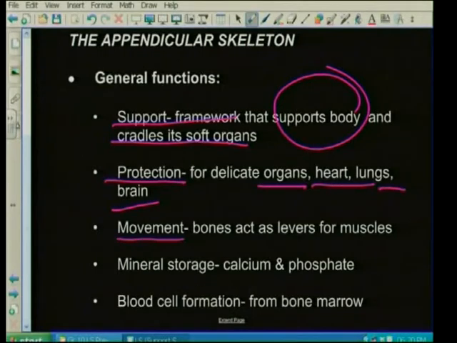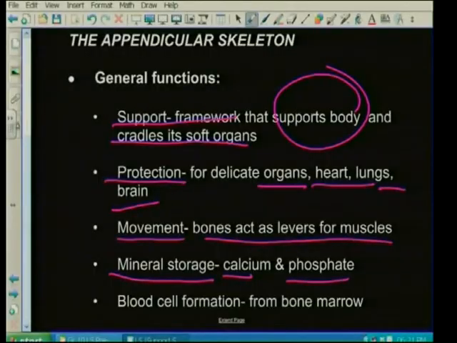Movement. The bones cause movement because they act as resistance against the muscles. Mineral storage. When we did organic and inorganic compounds, we spoke about mineral salts. One of those mineral salts that was necessary was calcium. Another one was phosphorus.